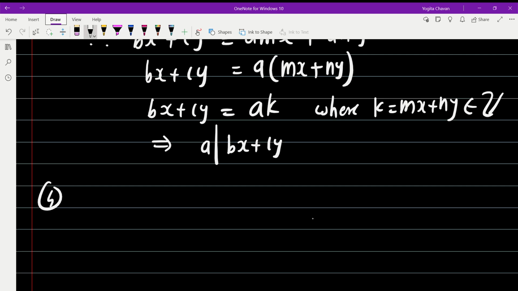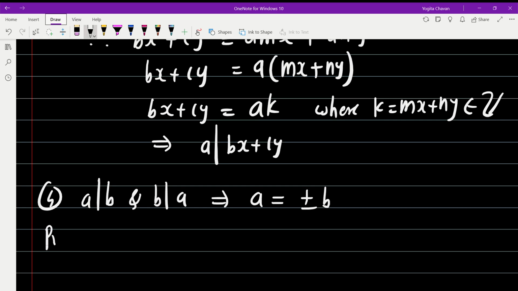A divides B and B divides A, this implies A is equal to plus or minus B. A divides B and B divides A, so A is equal to plus or minus B. Now proof.